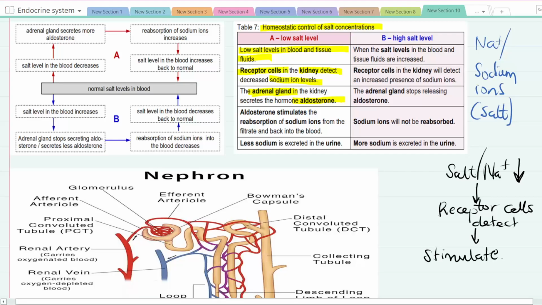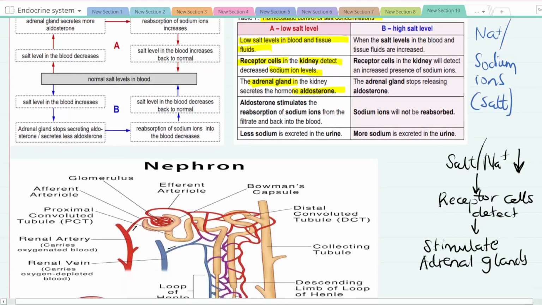They stimulate adrenal glands, and thus adrenal glands secrete aldosterone, and aldosterone is your hormone. So they will secrete aldosterone, which is your hormone.